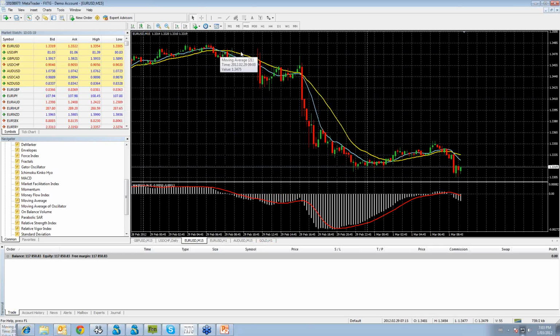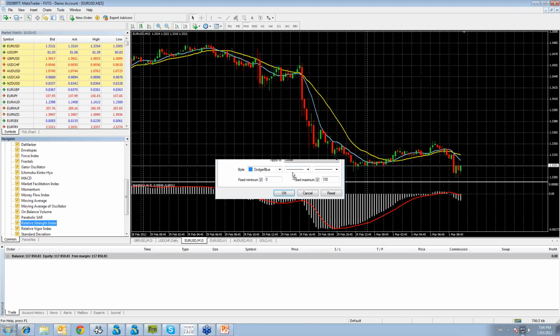When I see the blue cross the yellow over here, I see that a downtrend has occurred. If I confirm it with the MACD, I still know that the downtrend has occurred. And then I can add on another tool to this, a RSI, Relative Strength Index, which we discussed as well.